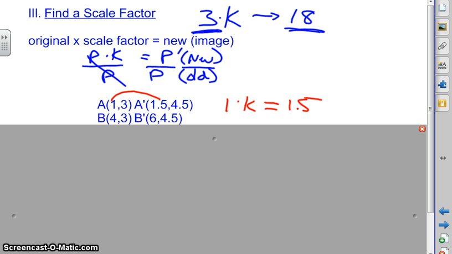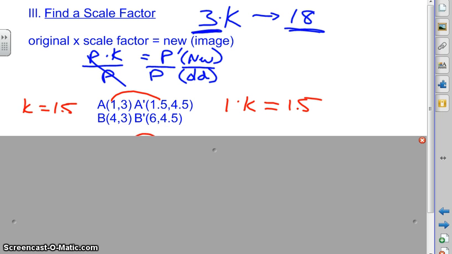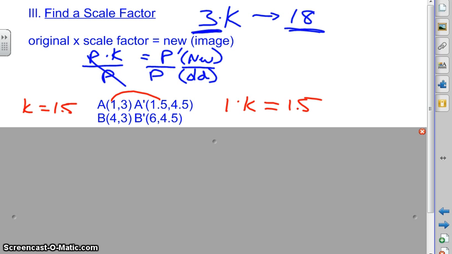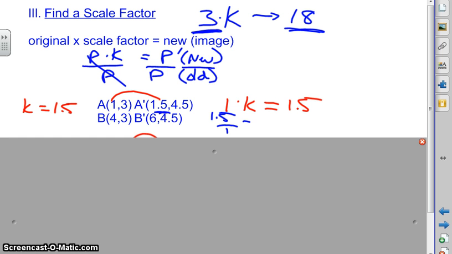What did I multiply myself by to get to 1.5? 1.5. So the scale factor here is 1.5. Okay? It's that simple. The other way to look at that is to say the new image is 1.5 and divide that by 1, and what do you get? 1.5.